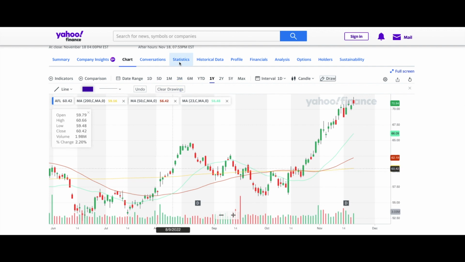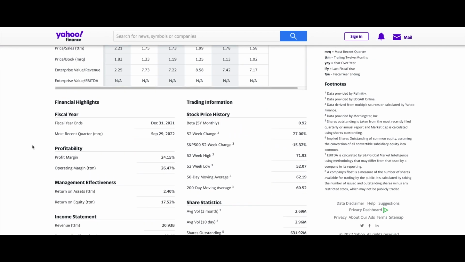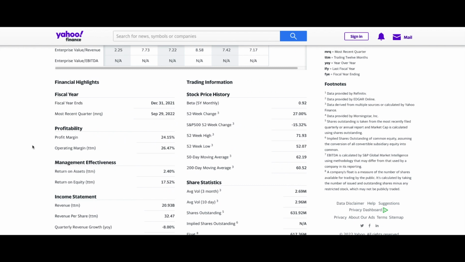Now, one thing I would watch out for is that this ticker's a slow mover in comparison to the rest of the market, right? Beta at 0.92. This is a slow mover. Therefore, if I was to get into a trade on this and buy on a shorter time frame, let's say I buy monthly and I don't get the movement, I could be in trouble. Why? It's a slow mover. So I would really watch my implied volatility, and I would really watch my delta.